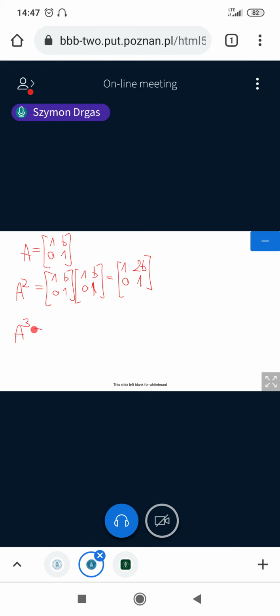And if we want to obtain the third power, it will be the same as A squared times A. So we know that A squared is 1, 2B, 0, 1 multiplied by 1, B, 0, 1.